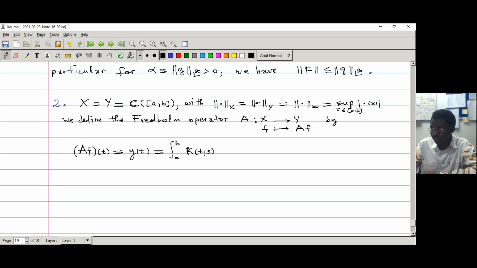This is what we call the kernel, k for kernel, of the operator A. Now this f, put it here, f of s ds.